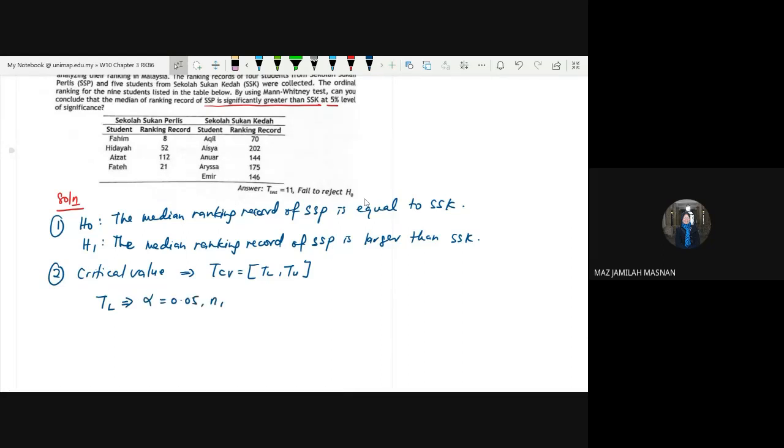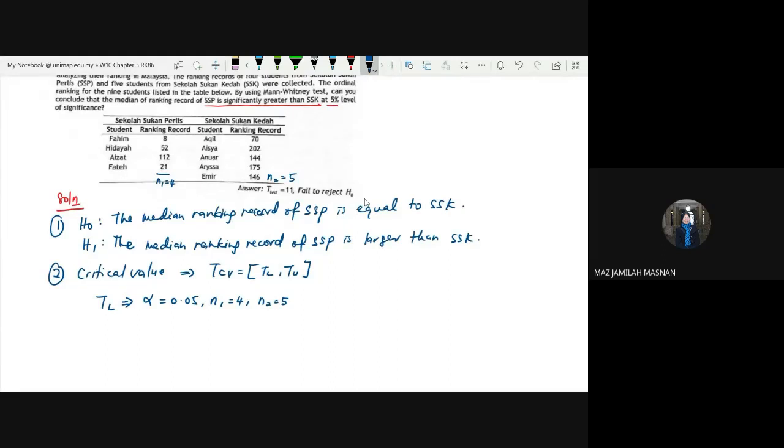N1 is 4, and N2 is 5. So what is your TL?